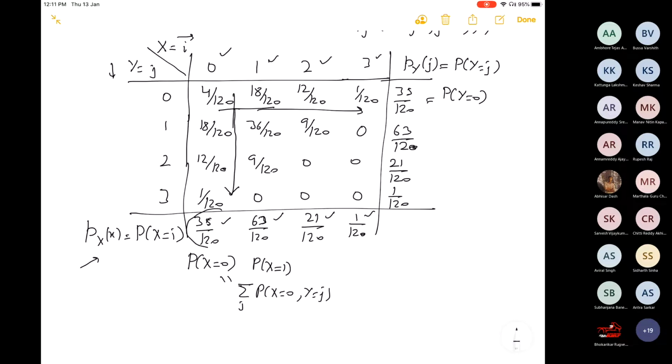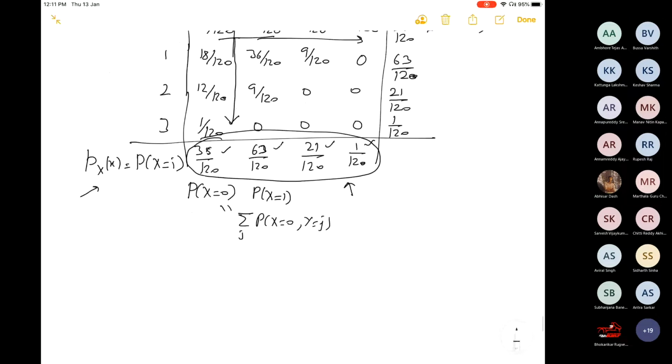So these values correspond to 0, 1, 2, 3. This is the marginal probability mass function of random variable x.